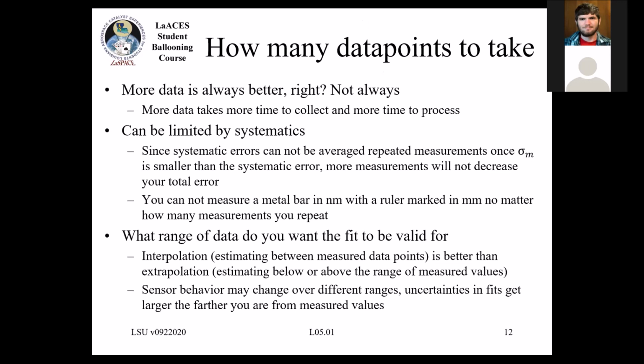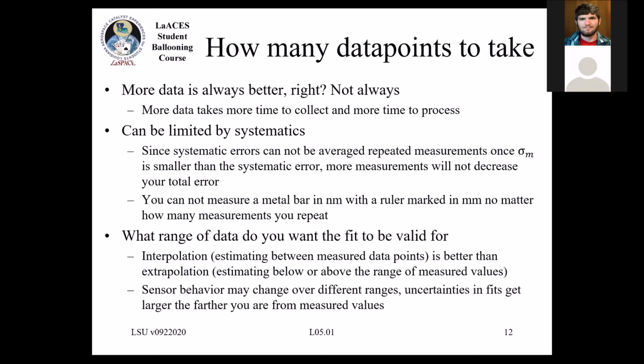So in general, more data is better, but there's a point where you hit diminishing returns. For one thing, it takes more time to collect more data, and it takes more time to analyze a larger amount of data.